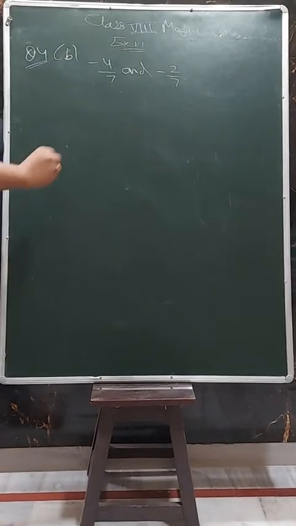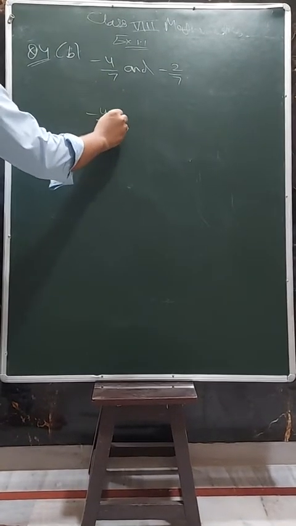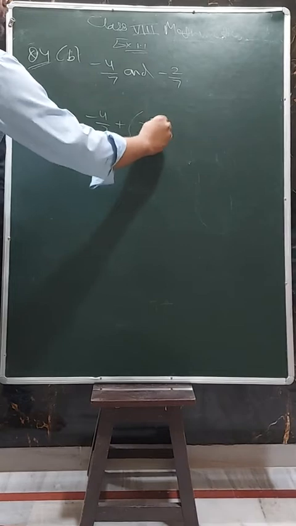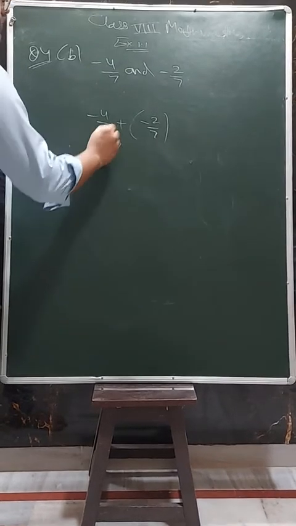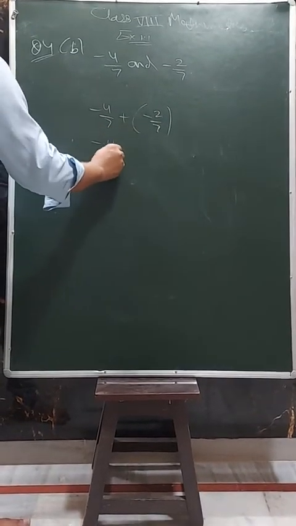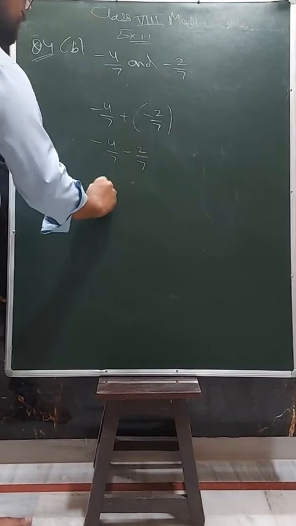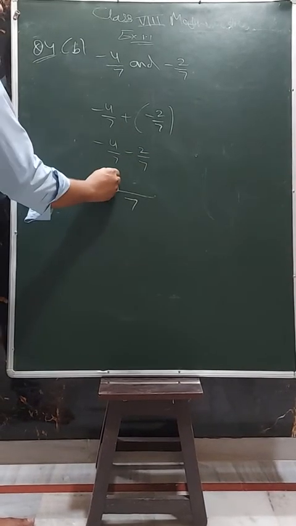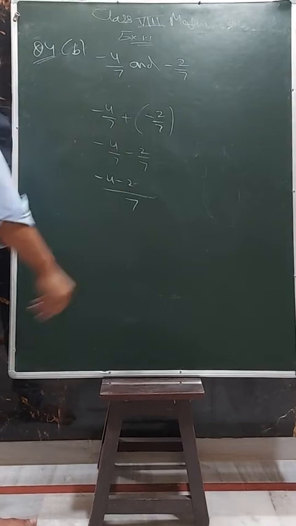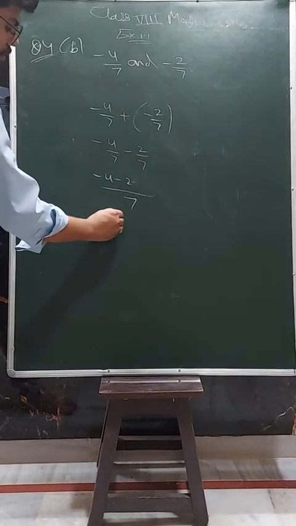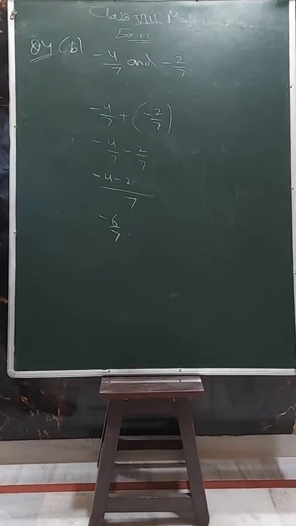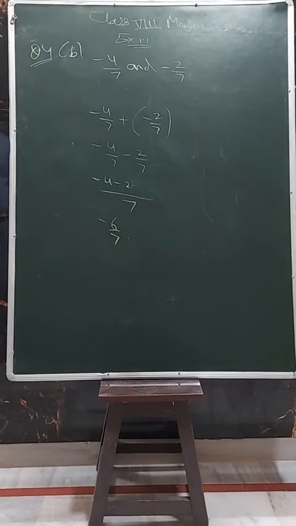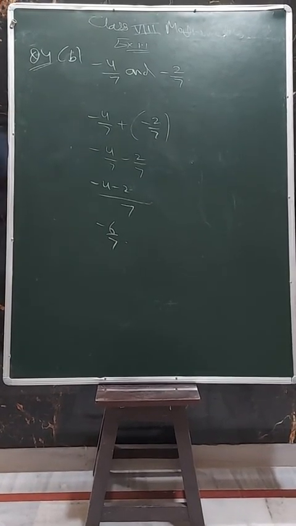Add it, means minus 4 upon 7 plus minus 2 upon 7. Now LCM is what? Plus minus first, plus minus minus. Now the number is same only. So minus 4 minus 2. No need to multiply it. Minus 4 minus 2 is what? Minus 6 upon 7. This is also what? A simple rational number. We can write it in the form of p upon q.